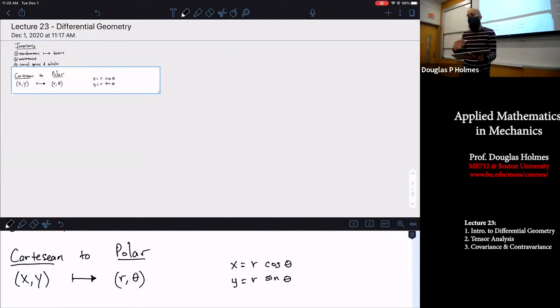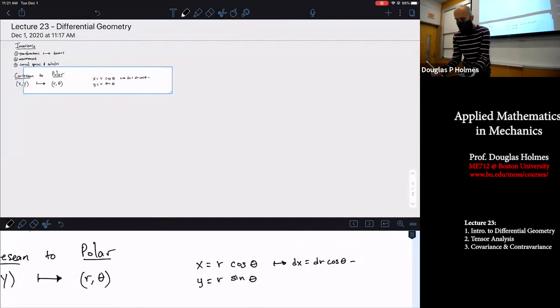To think about dx and dy, we have to use the product rule to evaluate our parameterization. So if we take x here, from the product rule, we can say that dx should be equal to dr times cosine theta minus d theta times r sine theta.